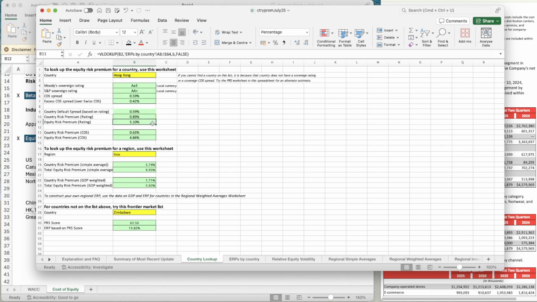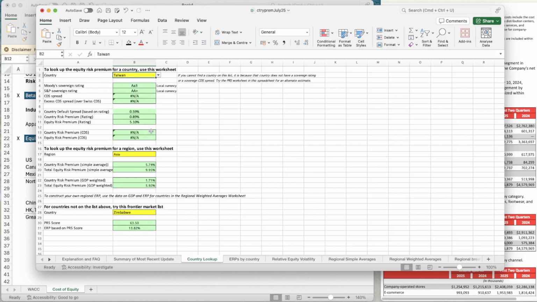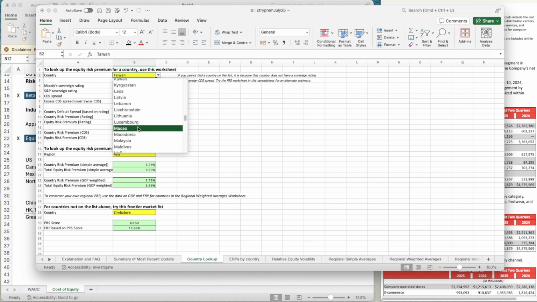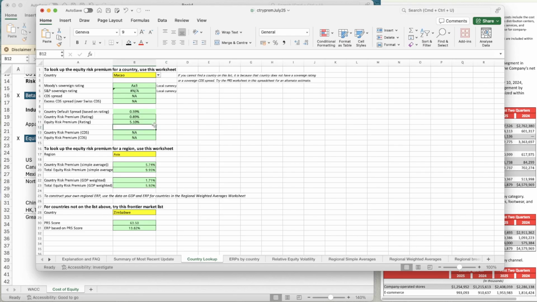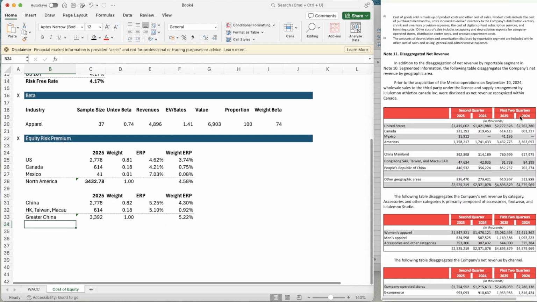Okay, 5.1. Let's remember that, because if they're the same, we'll just get 5.1 for Taiwan. And Macau, would that even have its own? It does. 5.1. Perfect. We don't have to do any work. Yeah, that looks good.